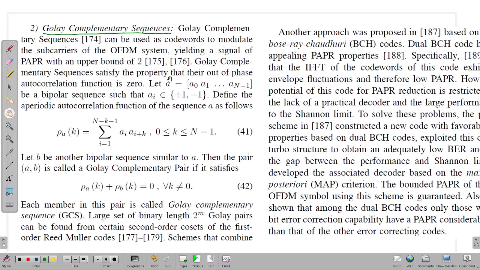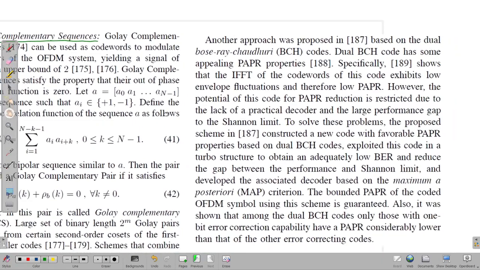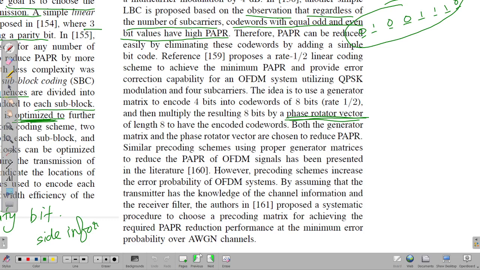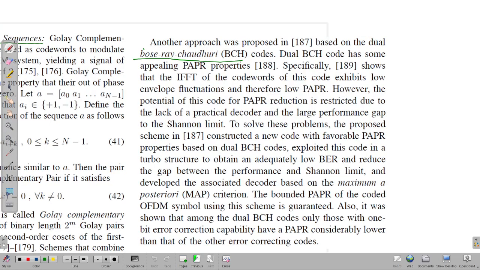I'm not going into much depth of these Golay complementary sequences. You can also use Bose-Chaudhuri codes. It is a special case of cyclic codes. Cyclic codes, and that's about the different PAPR reduction techniques that we have learned.